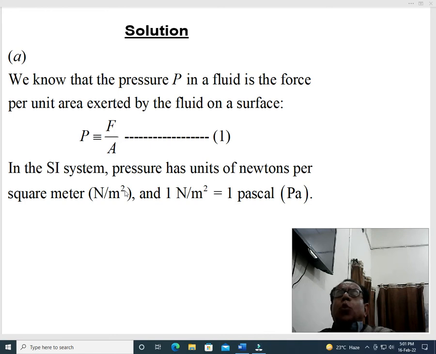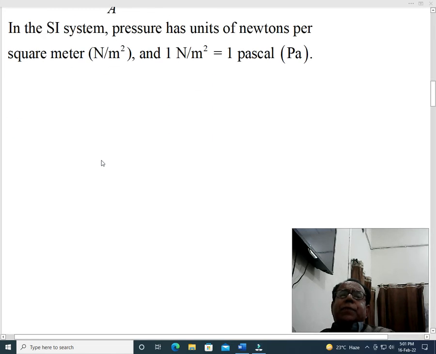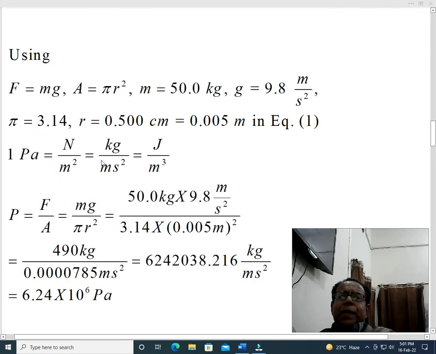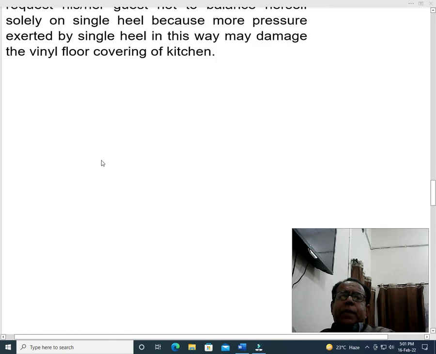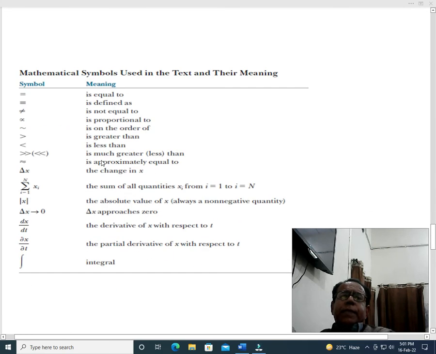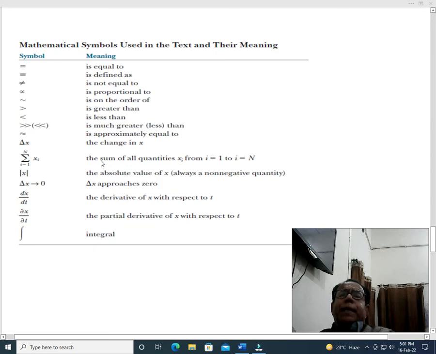So first we come towards the table in which such symbols are given, so that we may remove this confusion. This is the table: mathematical symbols used in the text and their meaning. First symbol is equality, is equal to. This is quite simple.